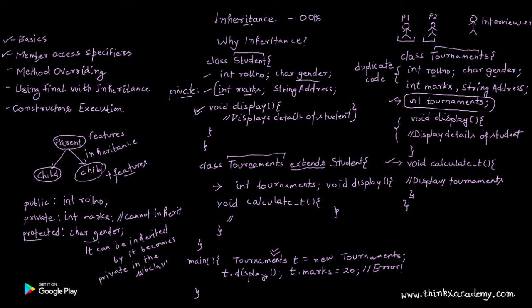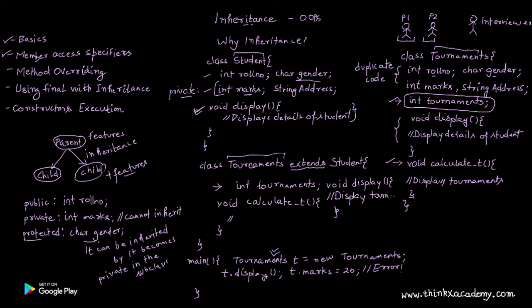But in this subclass, it will also display the number of tournaments that a student has played. So we want to create a function which has the same name as in the parent class, but a different implementation.